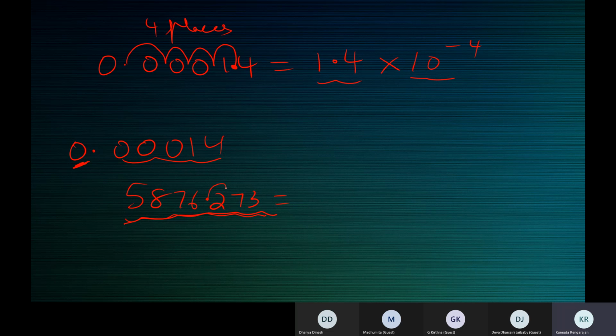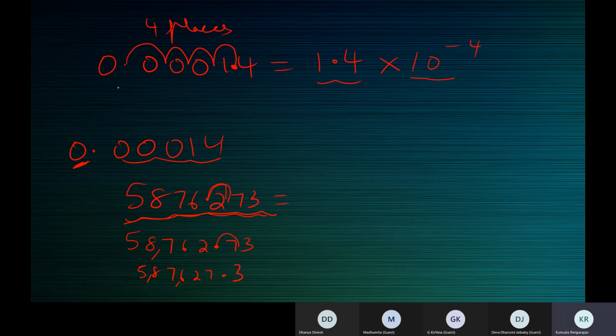If you move the decimal point like this, it will increase: 58,762.73, then 587627.3. You're increasing its value. Meaning you have to bring it to 1 or anything more than 1 but less than 10. So you have to go in the reverse direction.